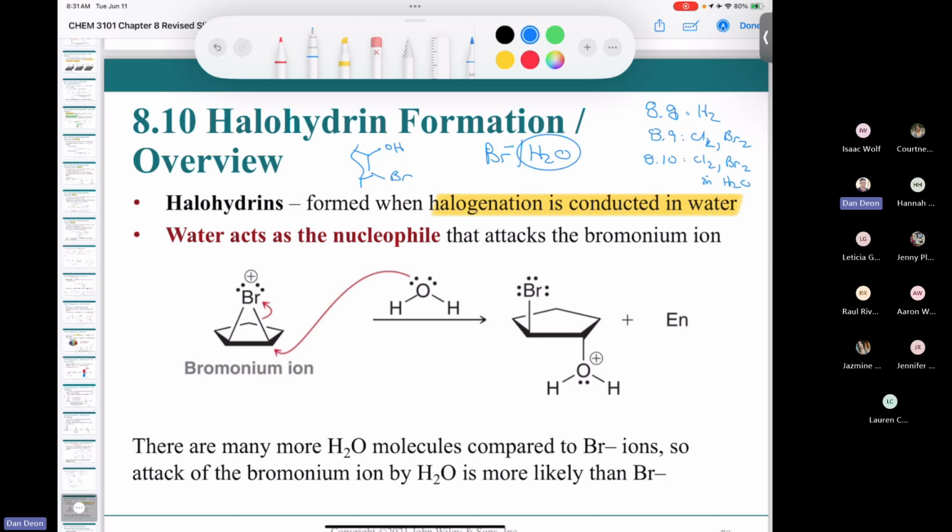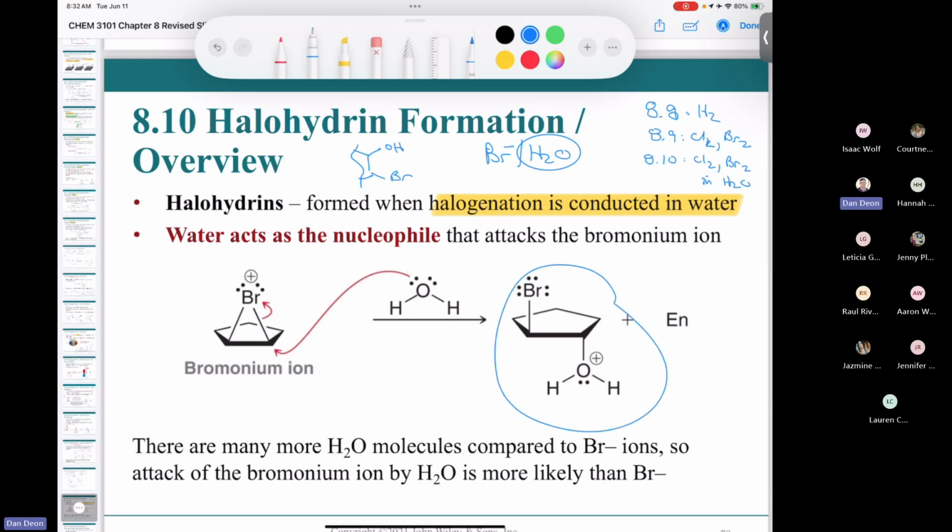And water is a nucleophile. It's not a strong nucleophile, but if you put it in the presence of a really strong electrophile like the bromonium ion, which has a positive charge on it, probability states that the water is going to preferentially act as a nucleophile. Could some bromide ions be kicking around and act as the nucleophile? Oh yeah, that can happen, but it's mostly going to be water.